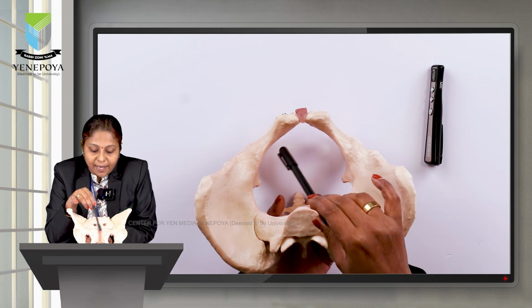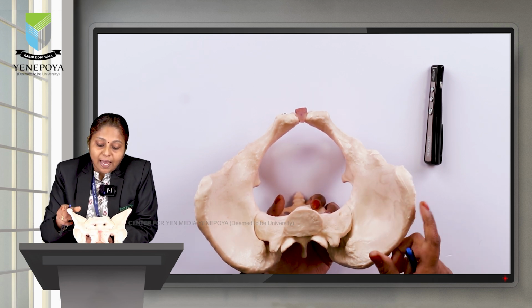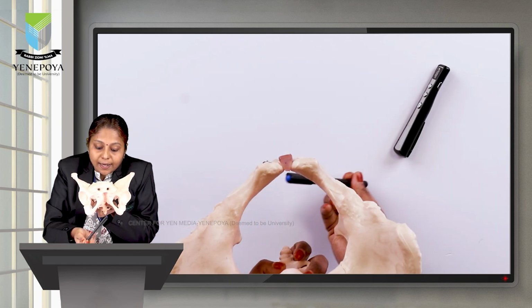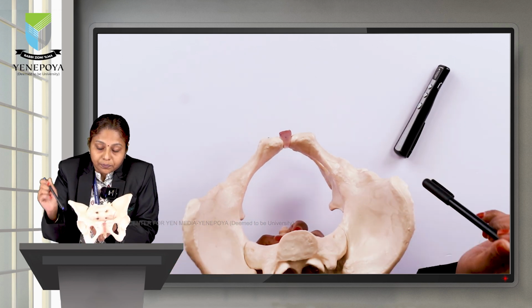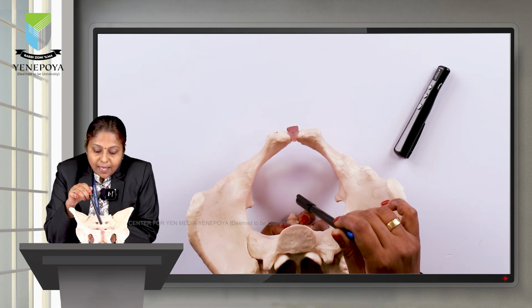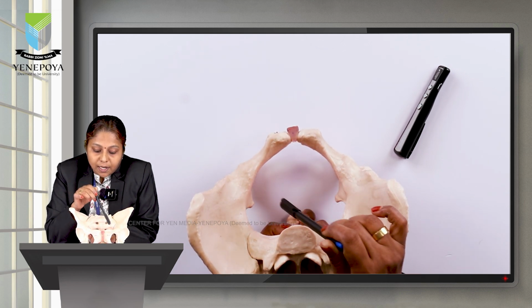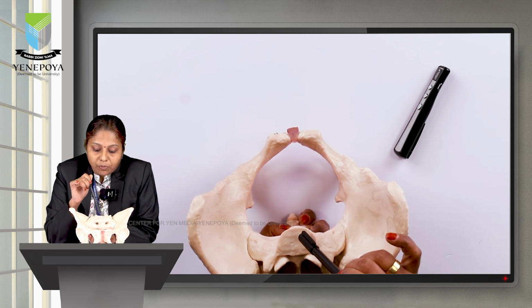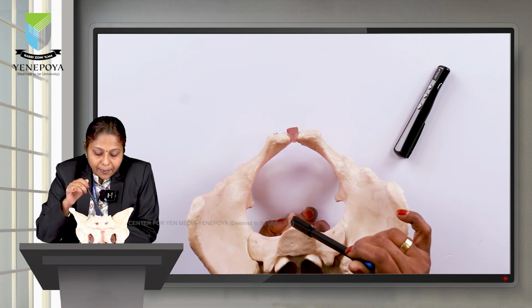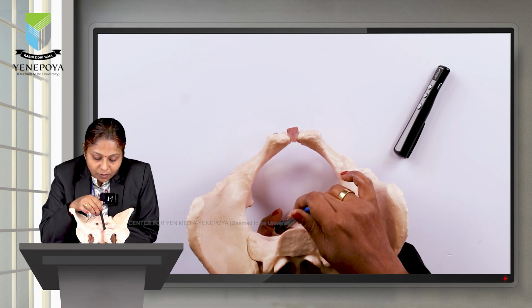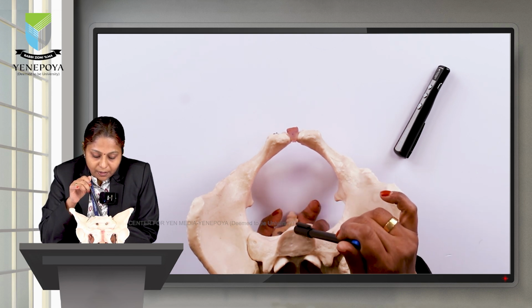Coming to the pelvic cavity. The pelvic cavity extends from the brim above to the outlet below. In the pelvic cavity, we will see the anterior, posterior and lateral borders. The posterior border is the curvature of the sacrum and the sacral promontory.